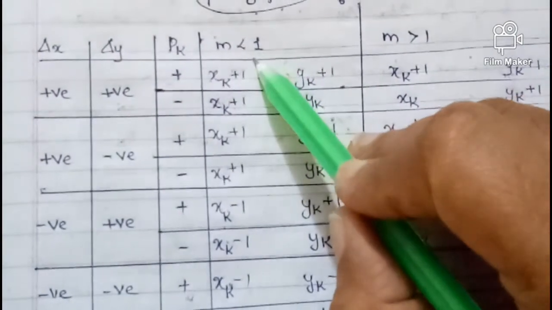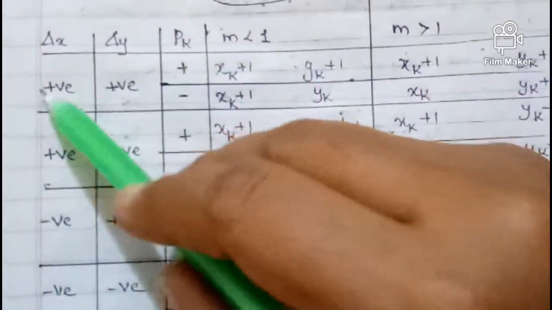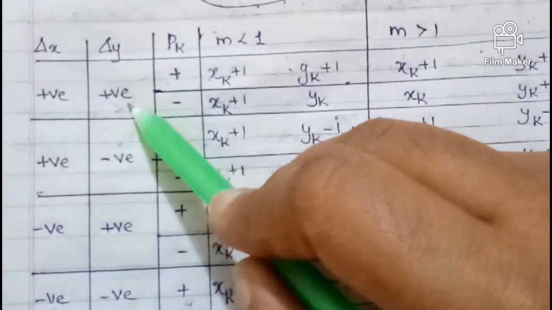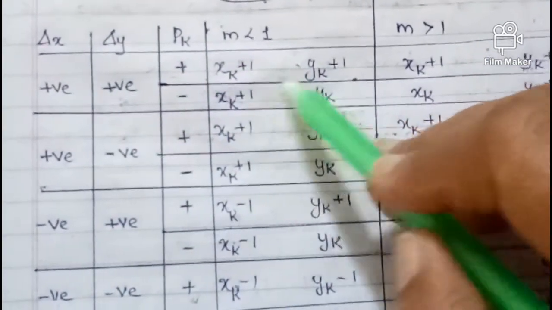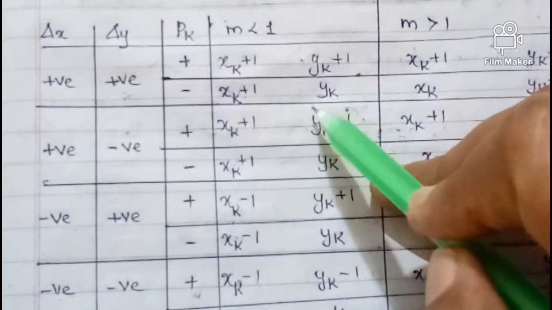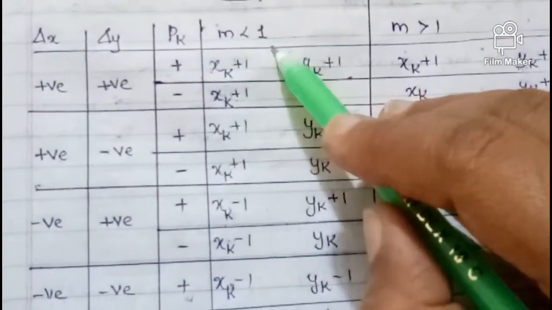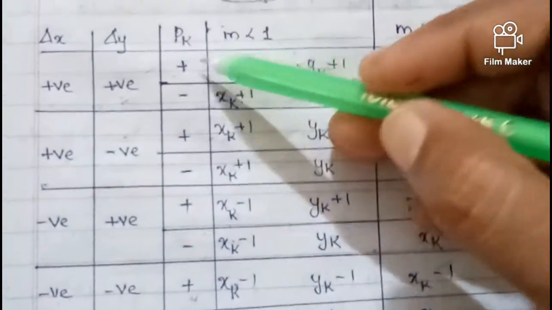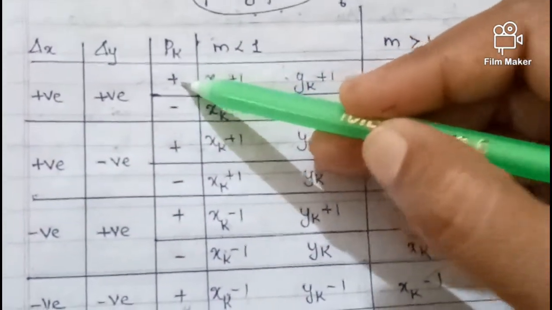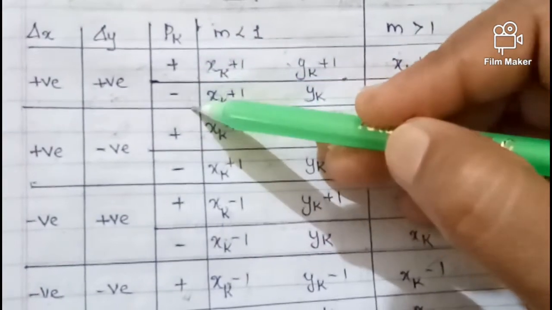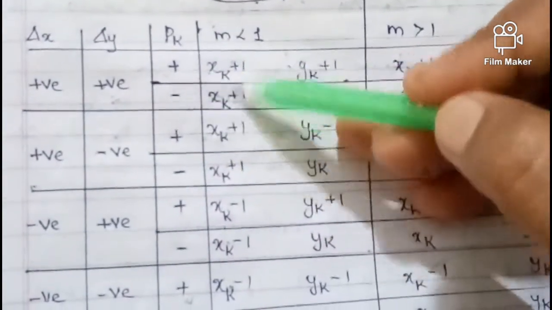First I am going to talk about m less than 1. If delta x is positive and delta y is positive, how will these points be calculated? There is only one rule. In m less than 1, whether pk is positive or negative, whatever may be the state, x will always change.